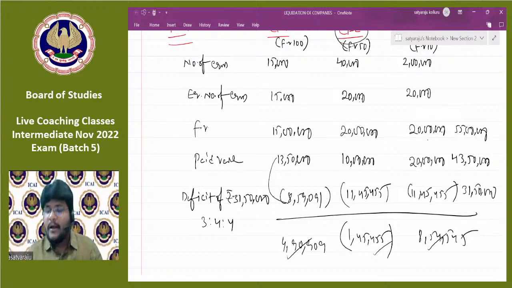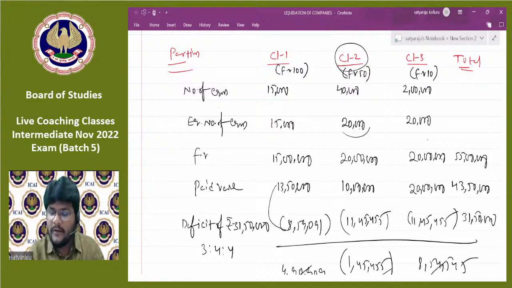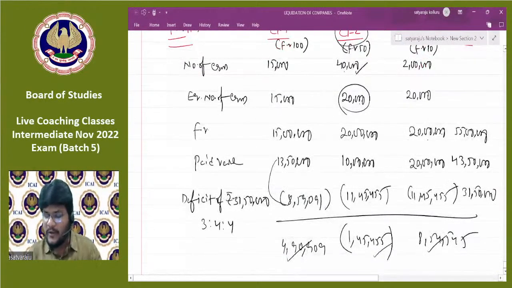Am I right? If you are asking, sir, per share how much class 2 shareholders need to contribute, you should not divide it by 20,000, you should divide it by 40,000, because the actual number of equity shares is 40,000. Per share how much? 1,45,455 divided by 40,000.